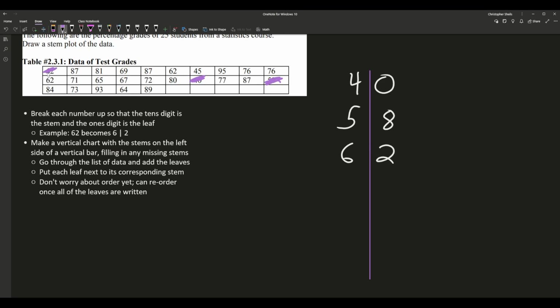We can mark this out from our table. 71. I'm just going through and getting something that starts with each of these stems. 81. And 95.